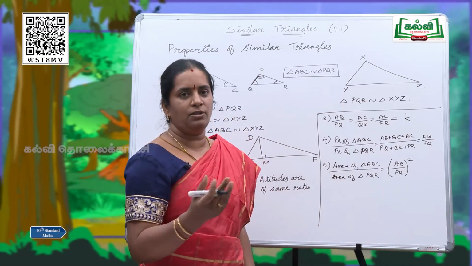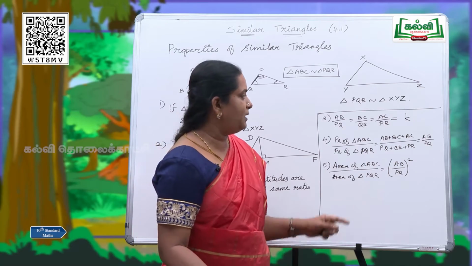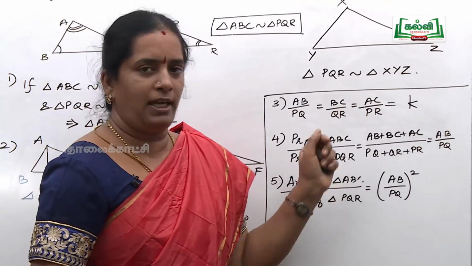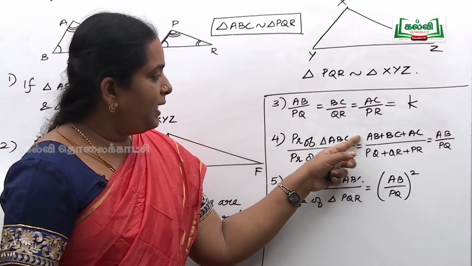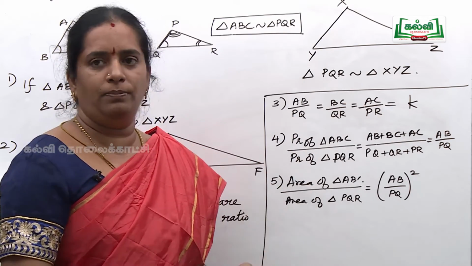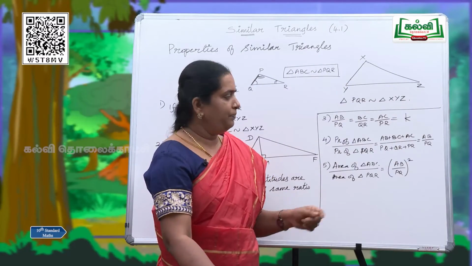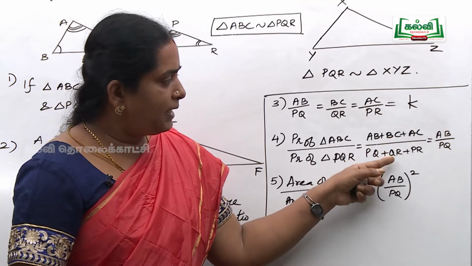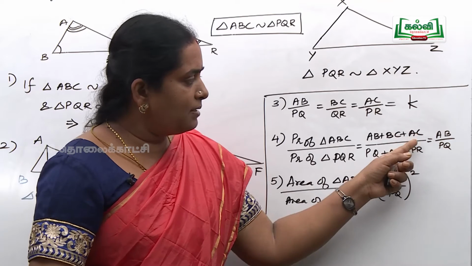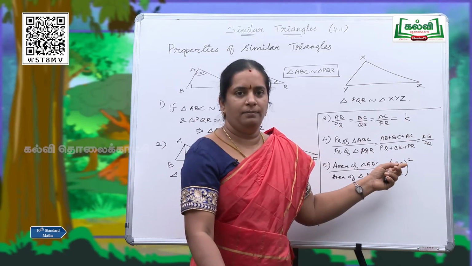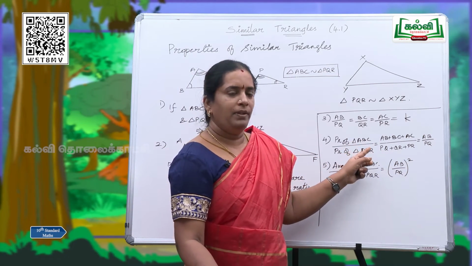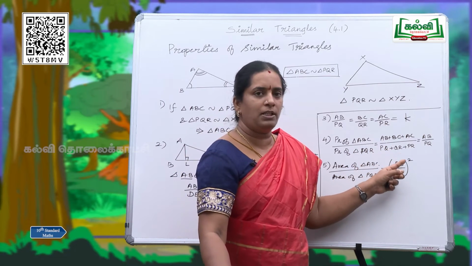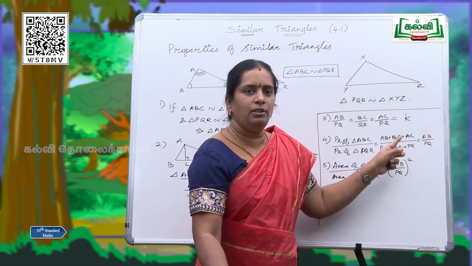If we take the ratio as K, for example, I am going to explain it here. If the ratio is K, we will say that AB can be written as K times PQ. So AB is K times PQ, BC is K times QR and AC is K times PR. So K can be taken out, and K times (PQ plus QR plus PR) is the numerator.